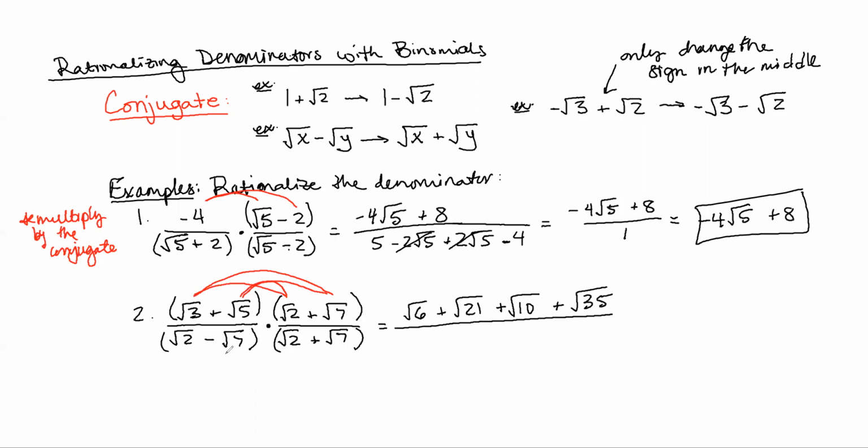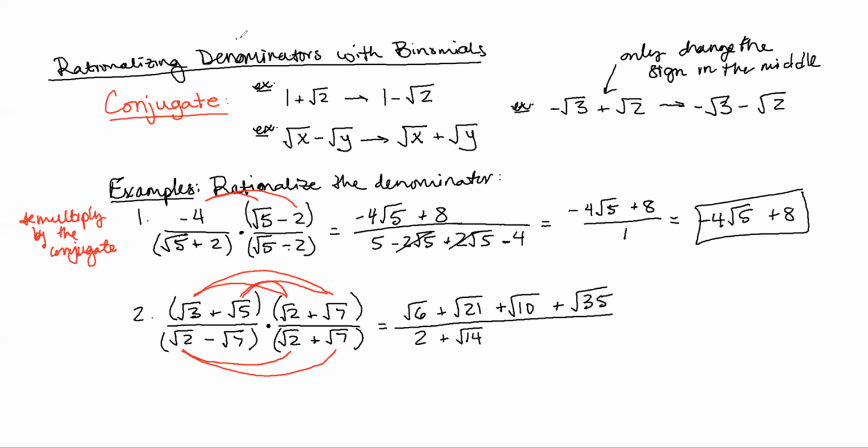Now on the bottom, there is a kind of shortcut, but I don't recommend doing the shortcut and skipping steps, just in case you're multiplying by the wrong thing. So I'll mention it, but I'm not ever going to do it in practice here. Okay, so square root of 2 times square root of 2 is 2. Whoops. Square root of 2 times the square root of 7 is the square root of 14, positive.